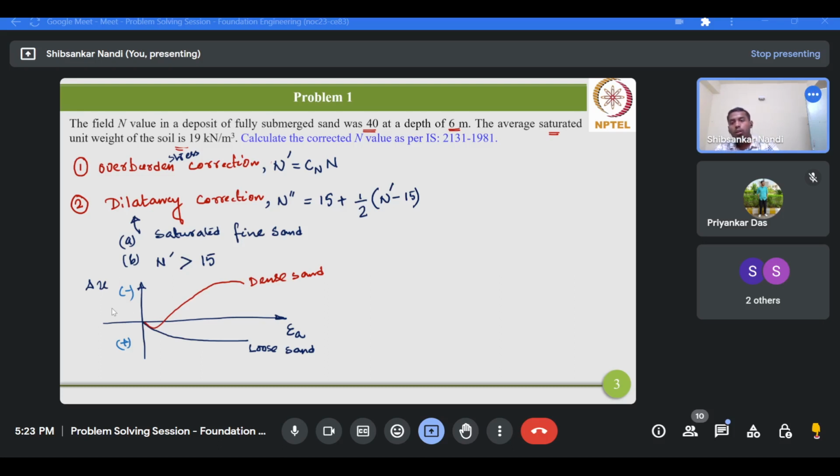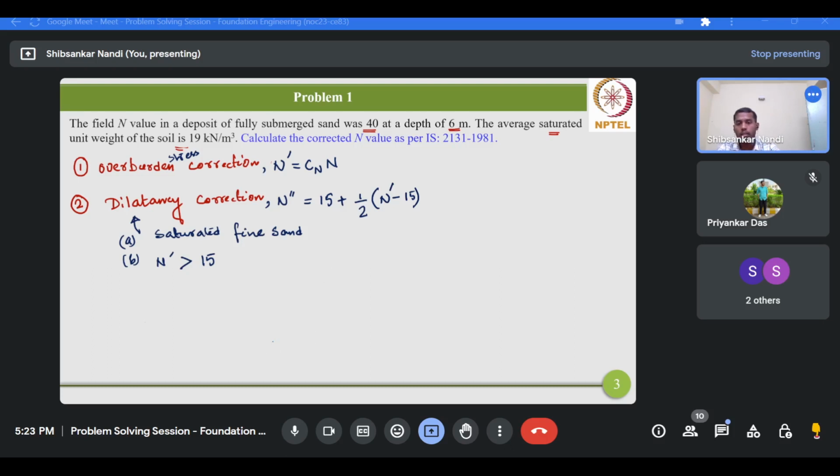Now whenever you get the excess negative pore water pressure, will your shear strength increase or decrease? It will increase, because the effective stress is total stress minus pore water pressure, and from the Mohr-Coulomb envelope, the shear strength is C prime plus sigma n prime tan phi prime.